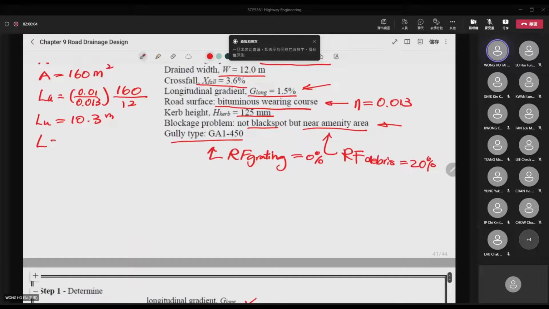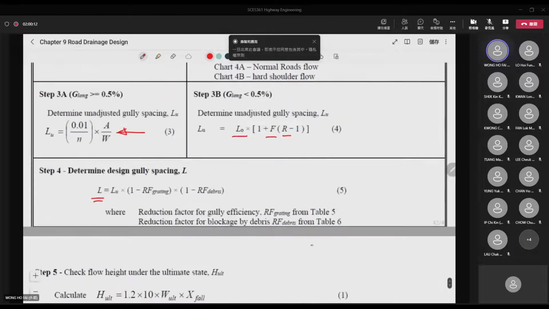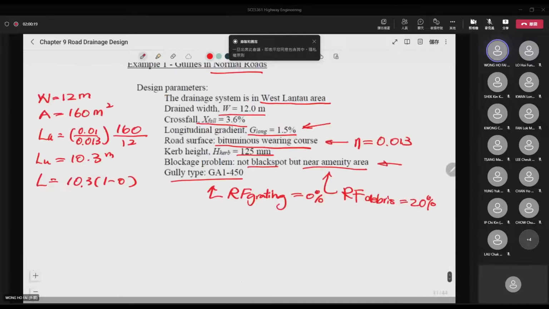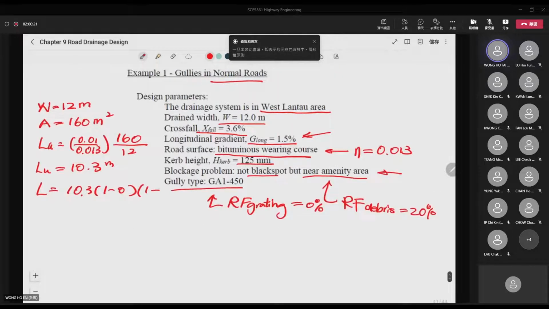Then L is equal to 10.3 times 1 minus 0, because the grating is actually equal to 0 for our type of the Gaudi. And then for depth, it is 20%, so it is 1 minus 0.2. So it is 10.3, and then times 1 times 0.8.